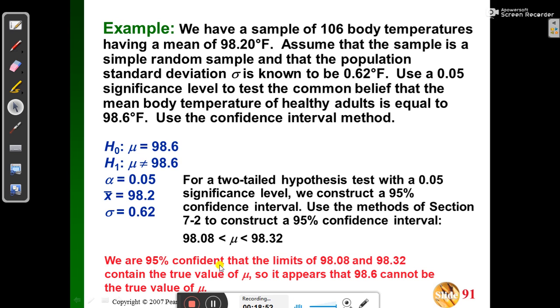We have 95% confidence that the limits 98.08 and 98.32 contain the true value of mu. So it appears that 98.6 cannot be the true value of mu. If the value remains in that region, then only can we say that it is the true value of mu.